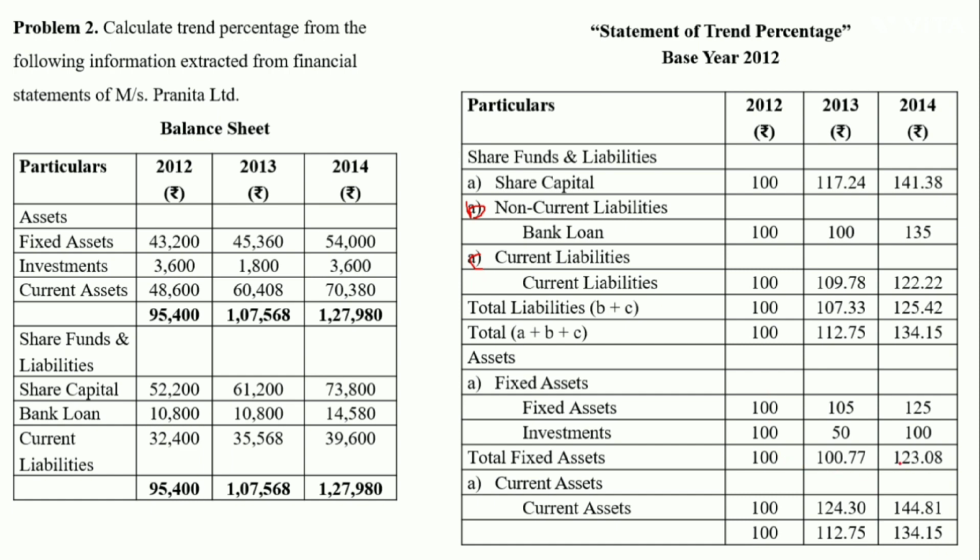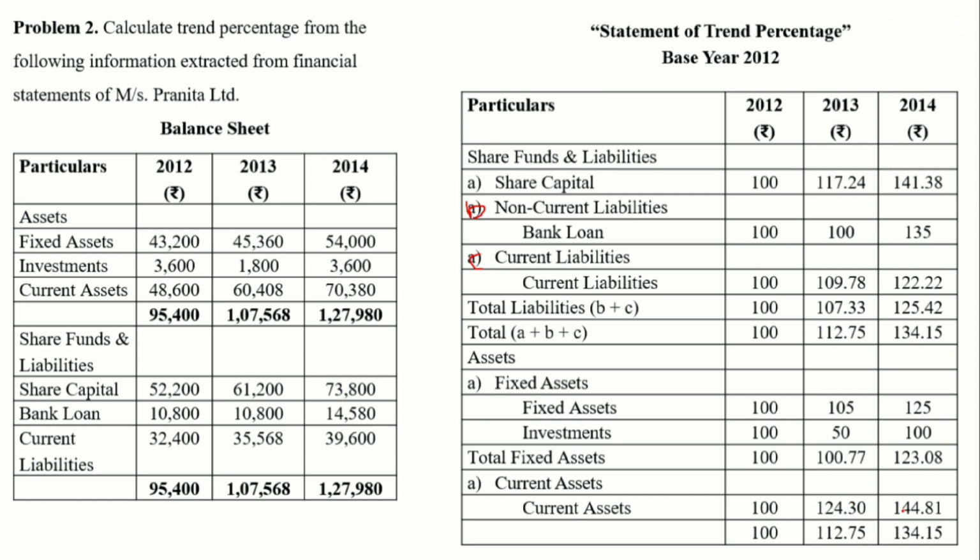Then current assets. You can see here, current assets are increasing at a higher rate than the current liability. Current liabilities are increasing by 100, 109 and 122. But current assets are 100, 124, 144.